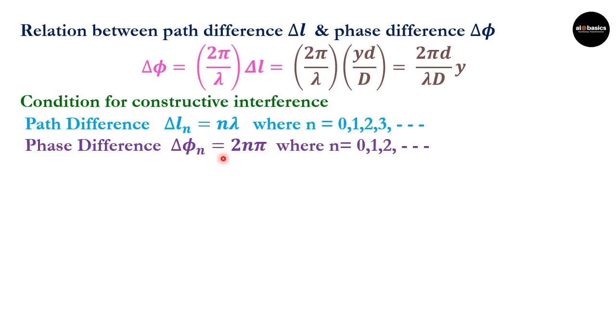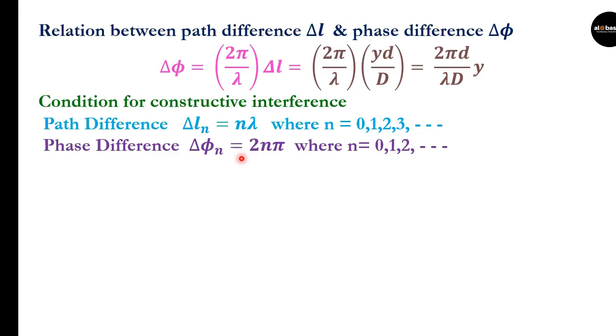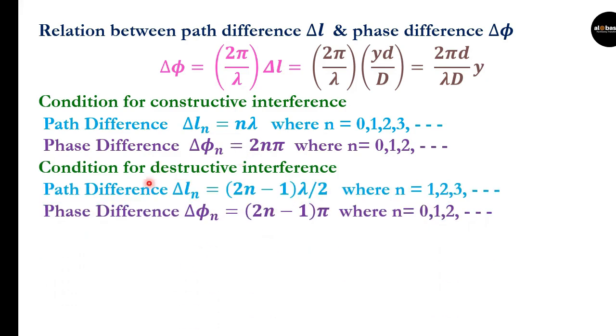If the point is dark, it means interference is destructive. Then what is the condition for destructive interference? For destructive interference, path difference delta l n is given by (2n minus 1) lambda by 2, where the values of n now start from 1, not from 0. Keep this in mind. And the corresponding phase difference delta phi n is (2n minus 1) pi.